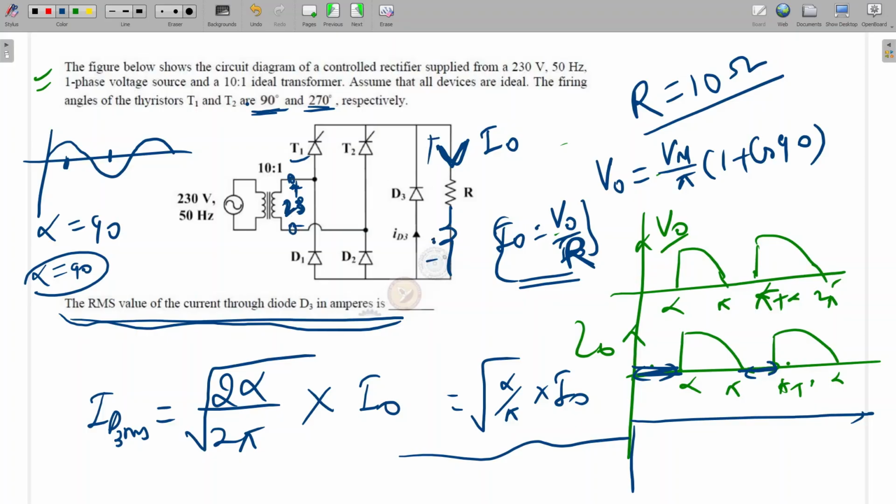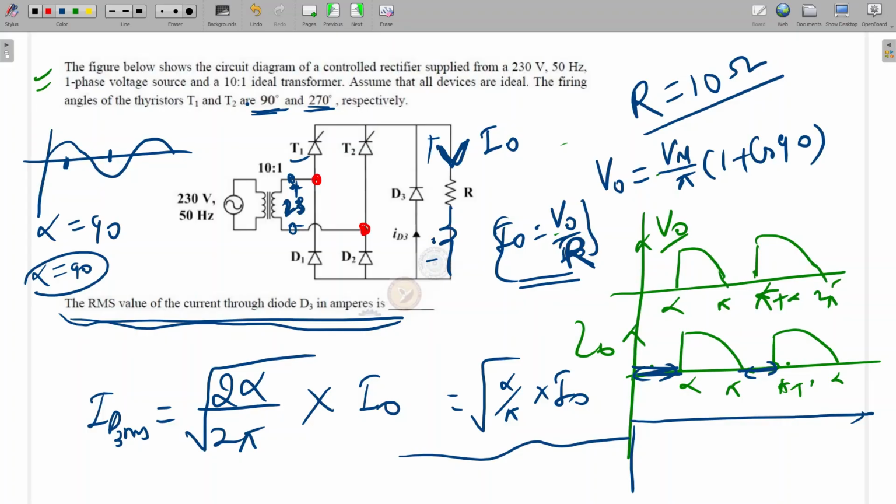Is it clear? Yes, sir. Sir, if there is a midpoint transformer, then it will be 11.5. Whatever value comes across this point and this point, that only we will consider. Okay, sir.